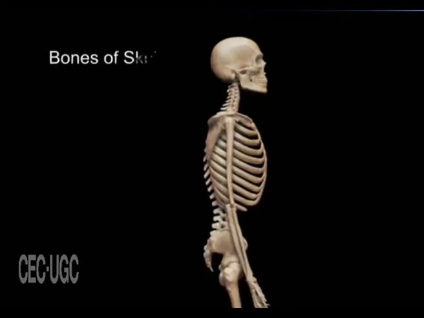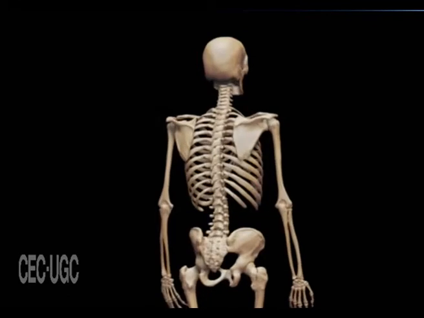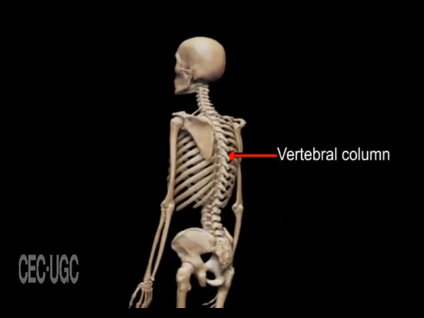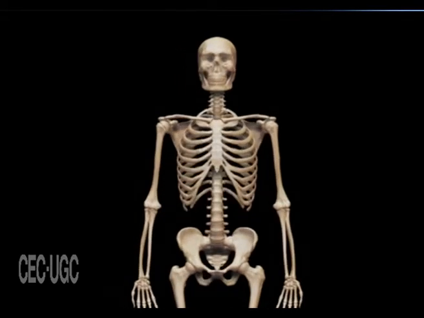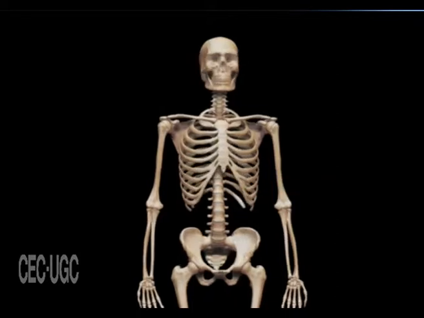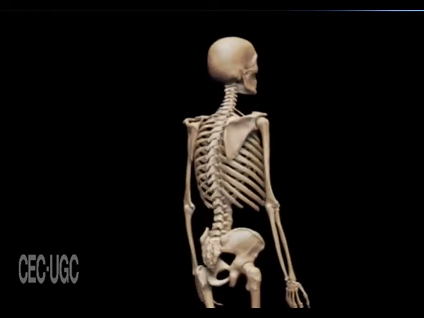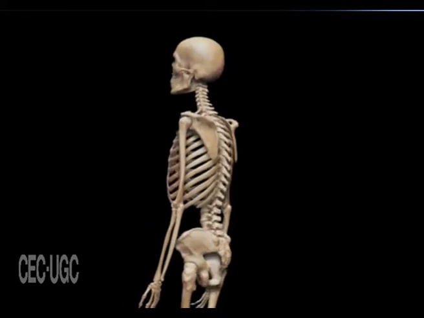So skull is one. Then vertebral column is one. Then sternum is another, and ribs, what we call the rib cage. So those constitute the axial skeleton of our human body.